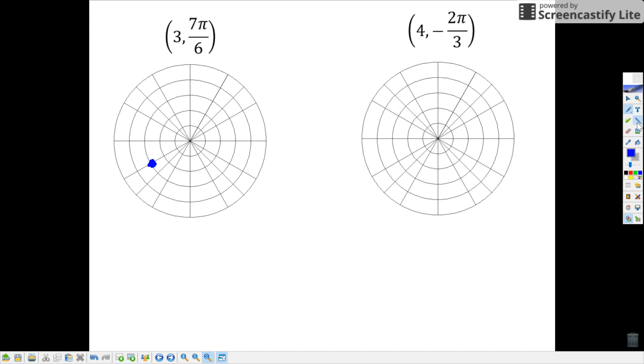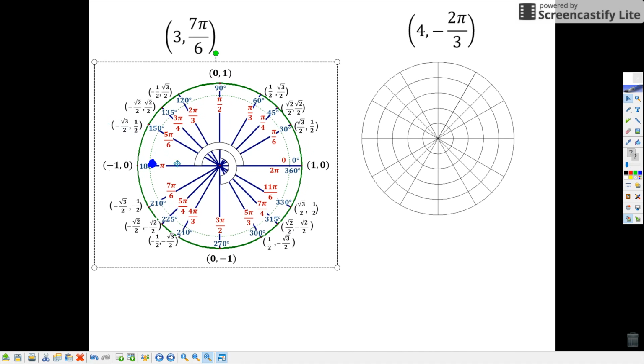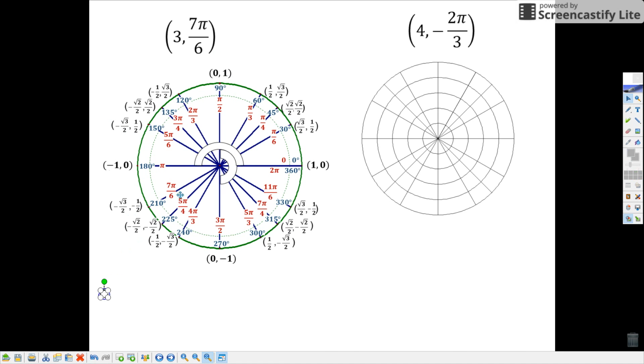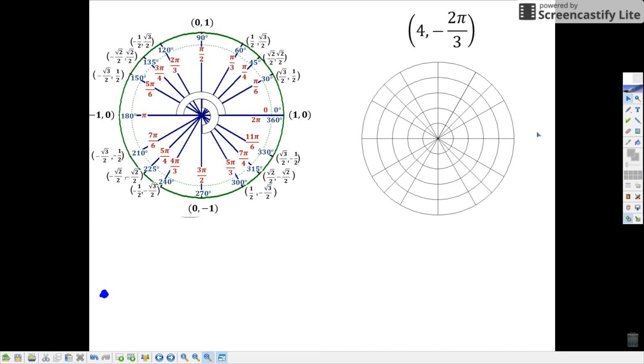We'll do a few more just to make sure we have this down. So (4, -2π/3). Mostly did this to remind you that if you have a negative angle, there are a couple ways you could do this. So 2π/3 is right here.